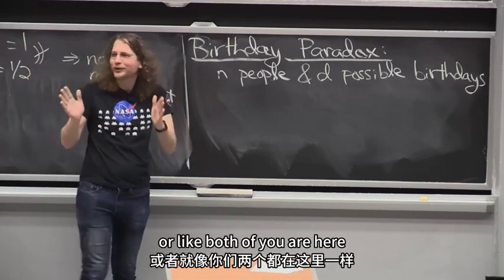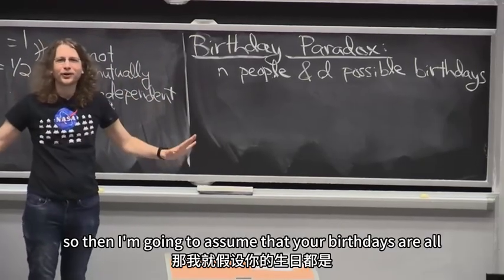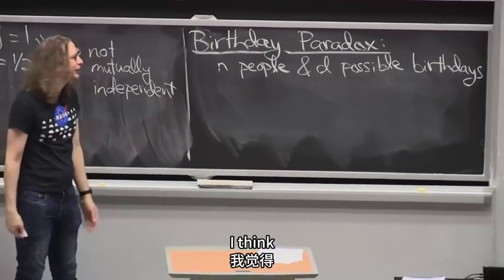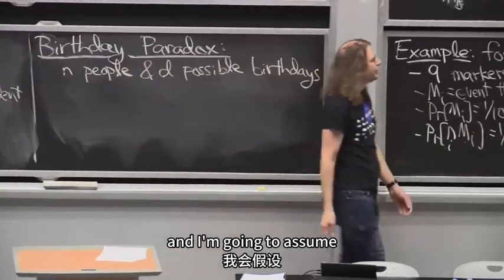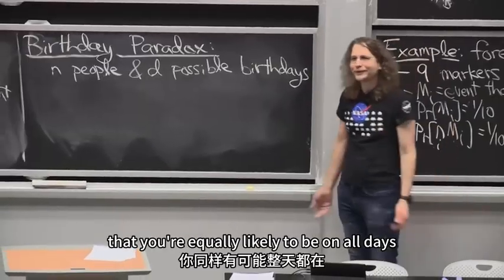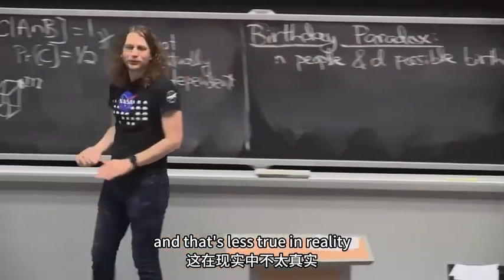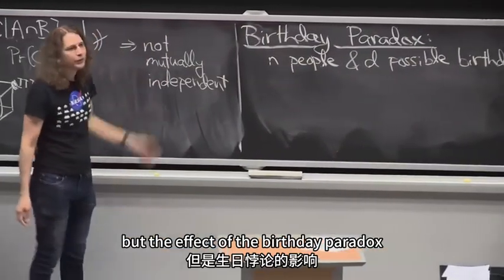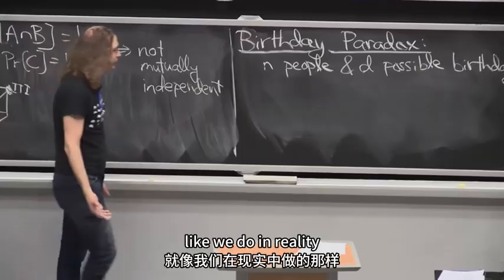Or like both of you are here? Okay, I didn't think so. So then I'm going to assume that your birthdays are all independent from each other. I think twins are pretty much the only way to get dependence. And I'm going to assume that you're equally likely to be born on all days, and that's less true in reality. But the effect of the birthday paradox will only be stronger if you have a non-uniform distribution like we do in reality.